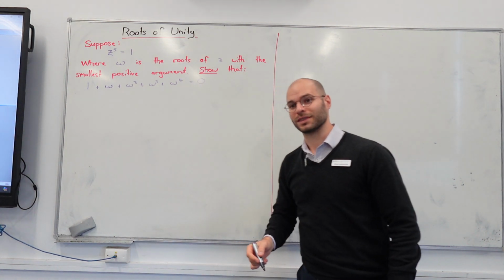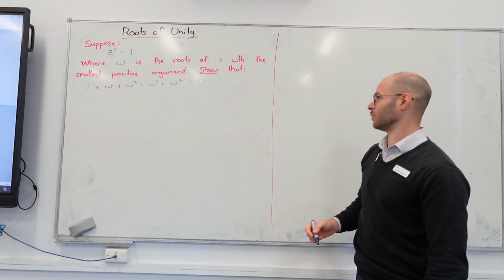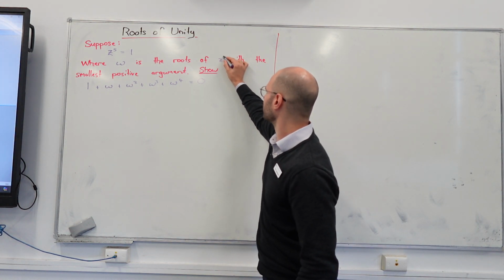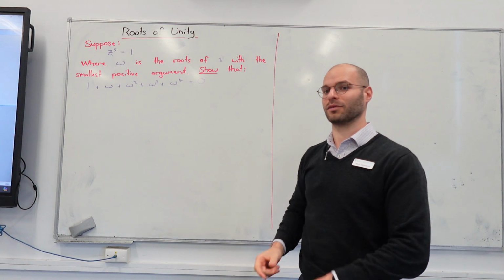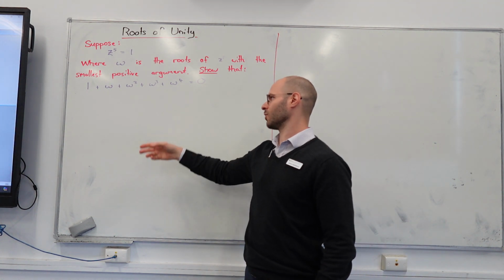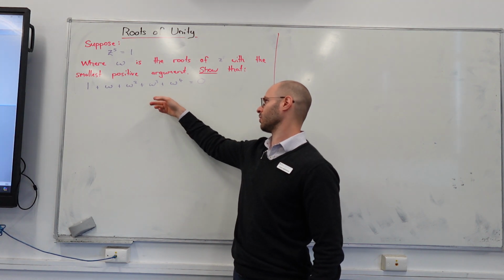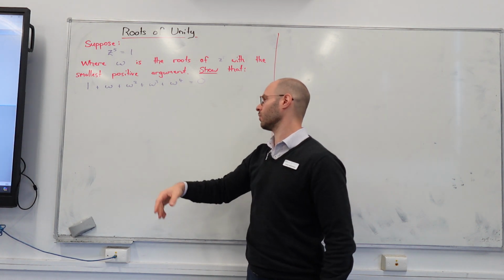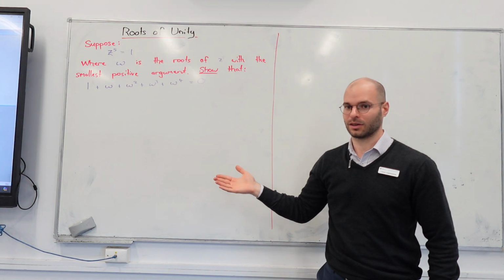Show that 1 plus omega plus omega squared plus omega cubed plus omega to the power of 4 all equals 0.